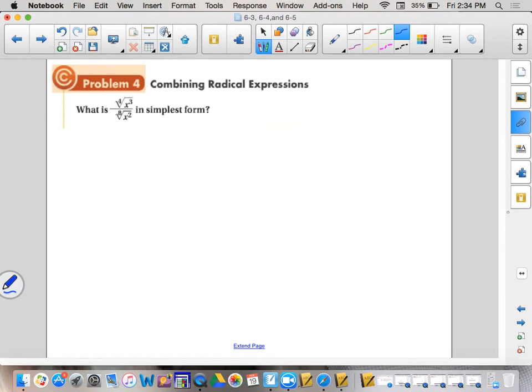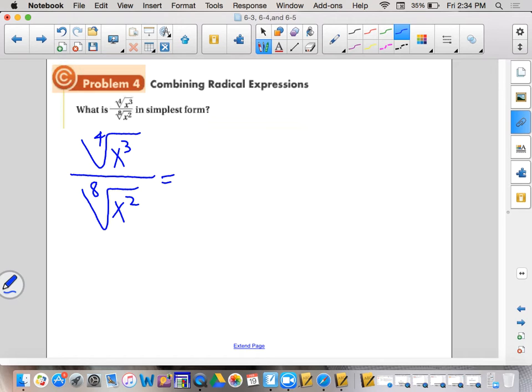So here's my problem. I have the 4th root of x cubed over the 8th root of x squared. Now, all of my properties talk about exponents, correct? So what do you think I need to do with this radical form?